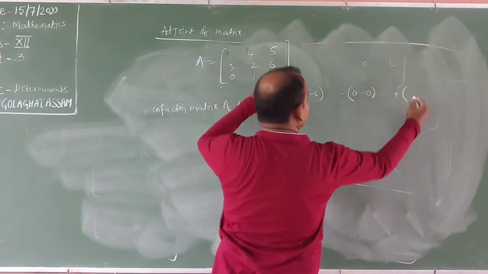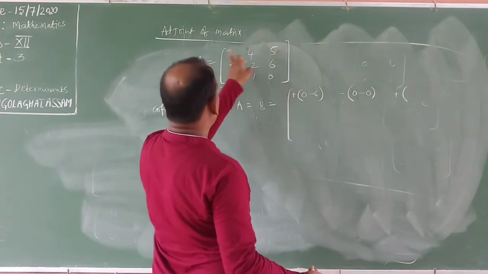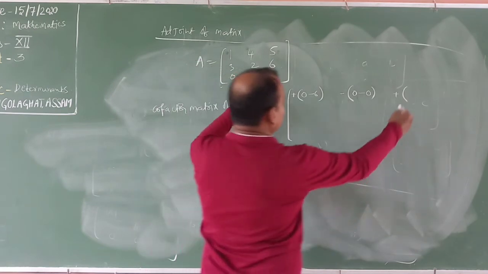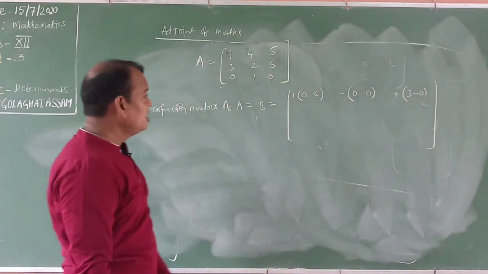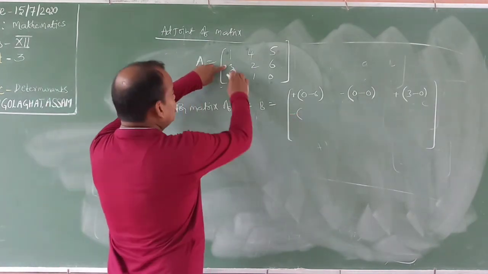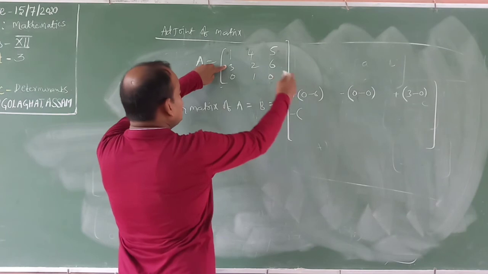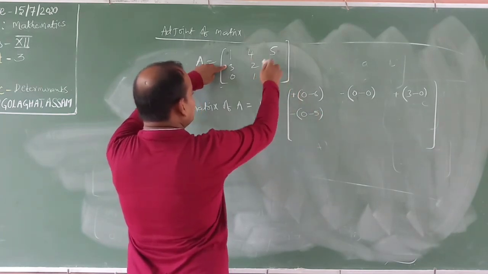Next plus, the cofactor of 5: 3 into 1, 3, minus 0. Next, what is the cofactor of 3? Minus of this: 4 into 0, 0, minus 5.